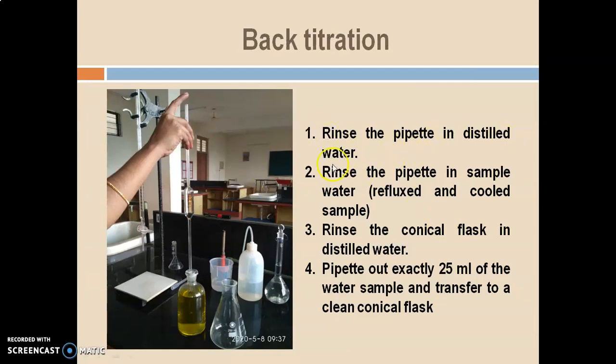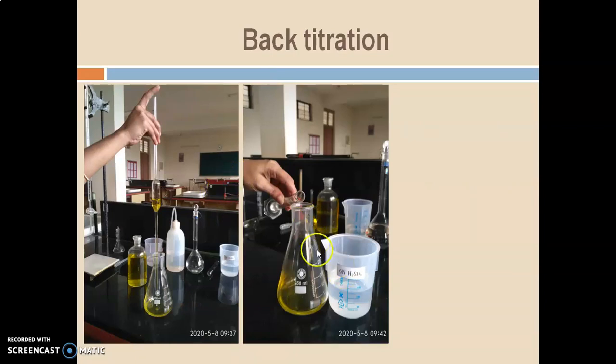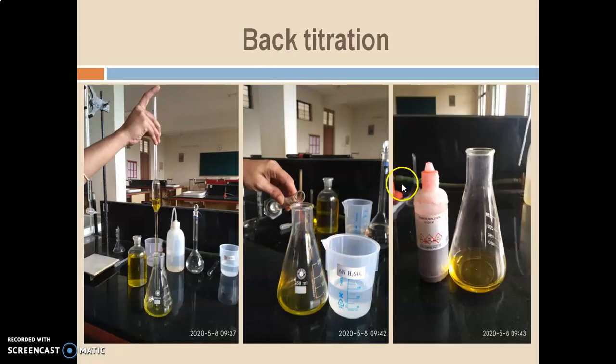Rinse the pipette in distilled water, rinse the pipette in sample water, rinse the conical flask in distilled water. Later, pipette out exactly 25 ml of the water sample and transfer to a clean conical flask. 6 normal sulfuric acid has to be added into the conical flask.